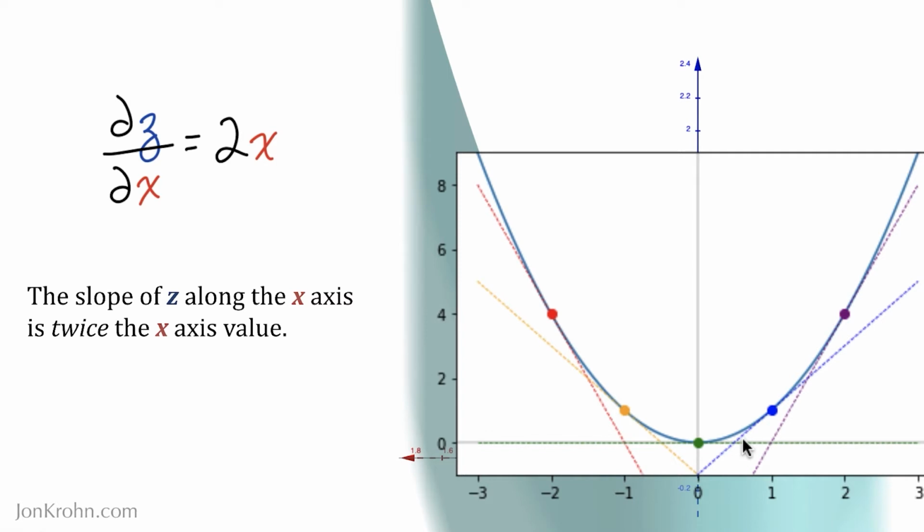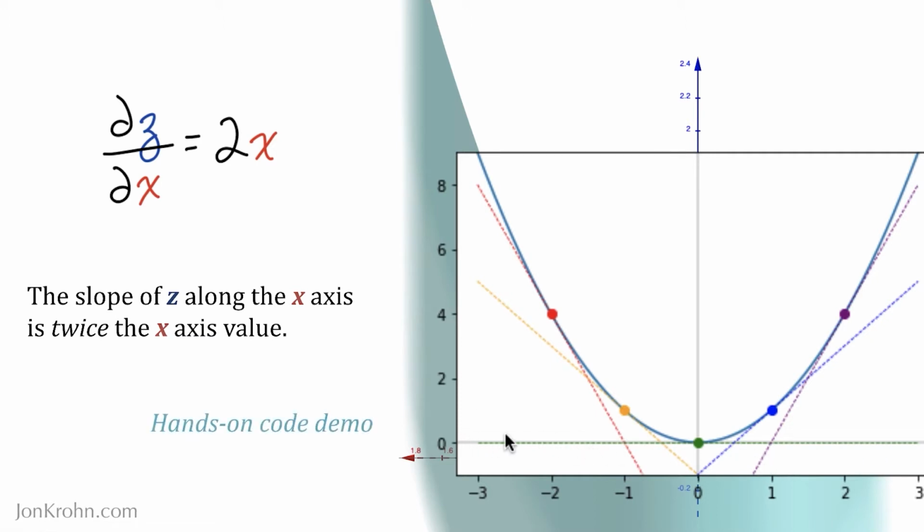So the slope of z with respect to x is twice whatever the value of x is. Same thing here, as we get to -2 or +2, we see that the slope is now -4 or +4, in red and purple respectively. And that continues as we move further and further away from 0.